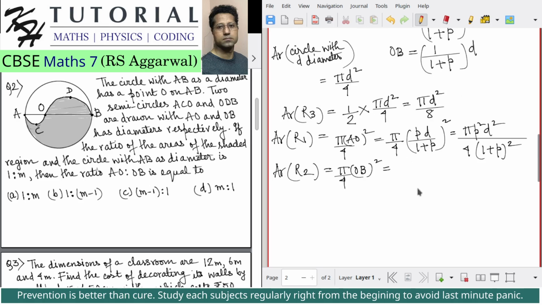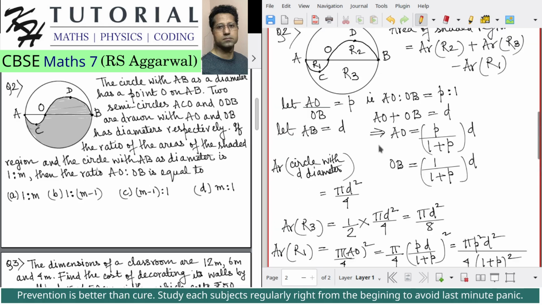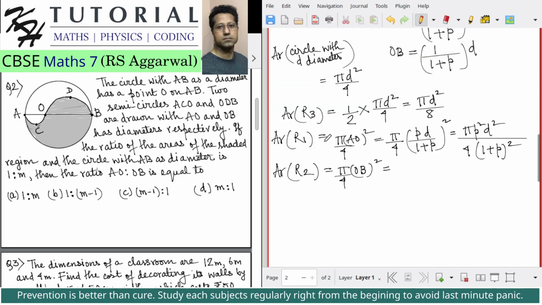So the full circle would be pi by 4 OB square. Remember that R1 is a semicircle with AO as diameter, so there will be a half here, making it pi by 8.